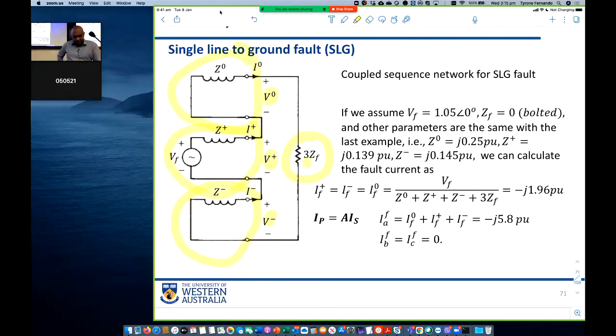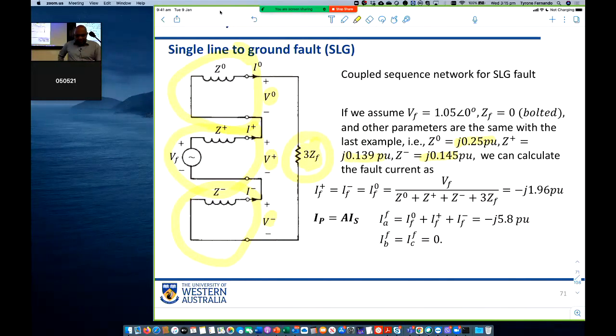Bolted fault means this part here is 0, ZF is 0. And the parameters are the same as in the last example. In other words, the zero sequence impedance is that, the positive sequence impedance is that, the negative sequence impedance is that. Then what is the fault current?